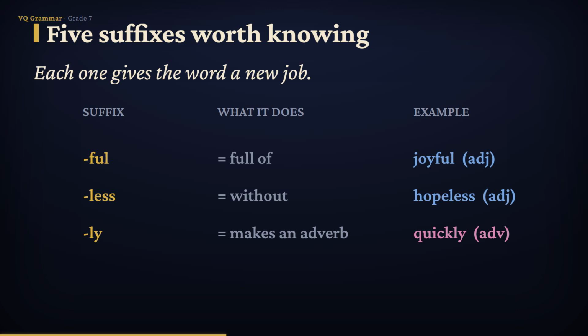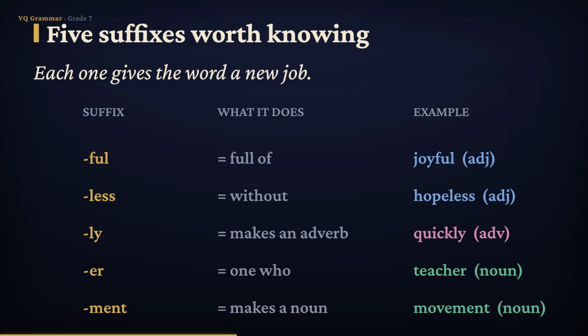The suffix er often means one who, so a teacher is one who teaches, and that's a noun. And endings like ment and tion build nouns too, turning movement or action into things. Notice how each suffix hands the word a new job.